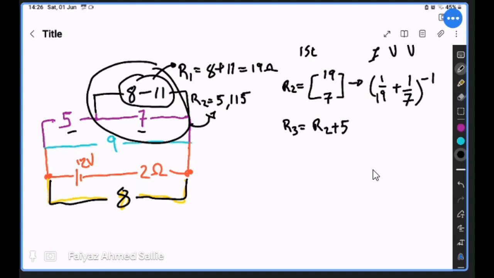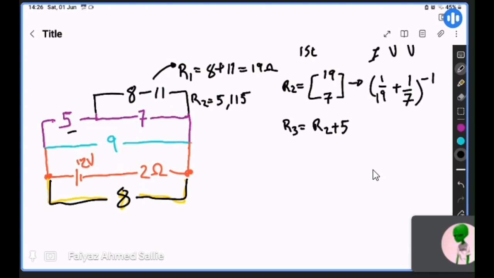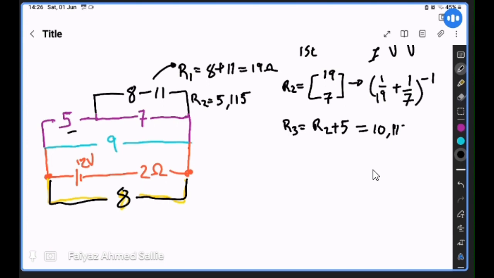Okay, so we're going to find R3, which is equal to R2 plus 5, equal to 10 comma 115. So R3 is equal to 10 comma 115.